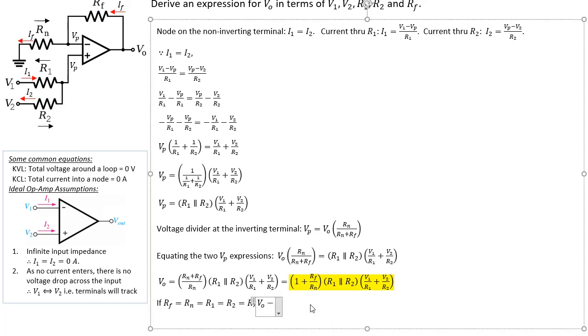Well, VO is going to equal, in the bracket, 1 plus 1, right? That's what's in the bracket. And for R1 parallel with R2, let me just remind you guys what happens.